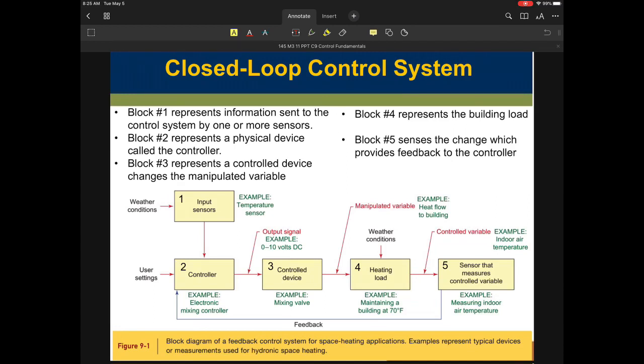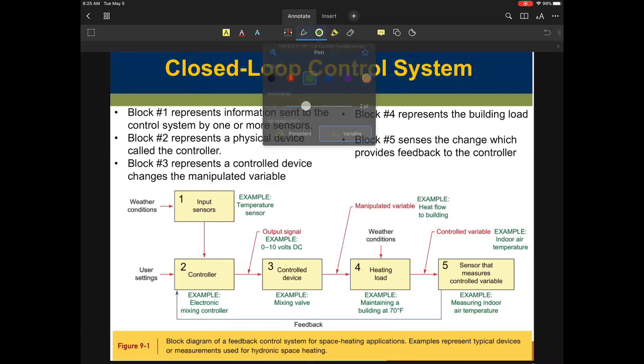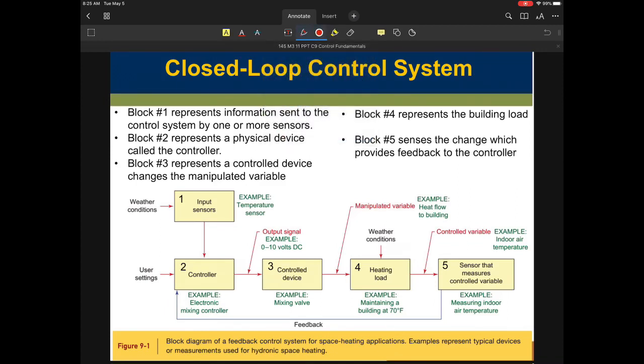I would say a majority of our control systems are actually going to be closed loop feedback. This would be everything from a residential system, your simple room thermostat, all the way to a more advanced system that might be controlling a commercial building, a boiler system, or an air conditioning system. It could be any of these.